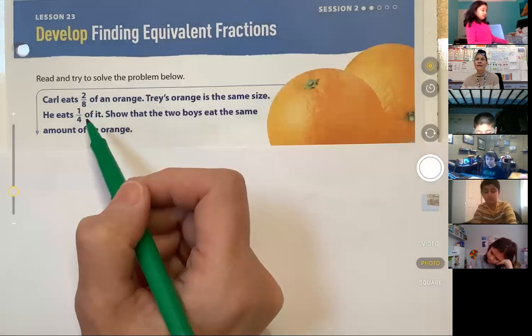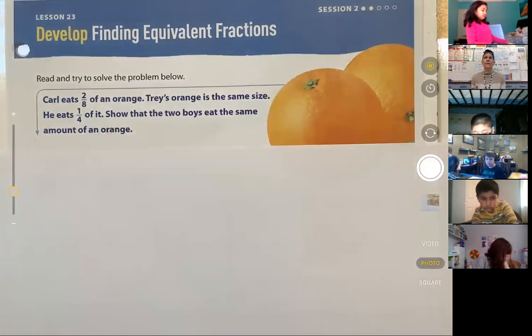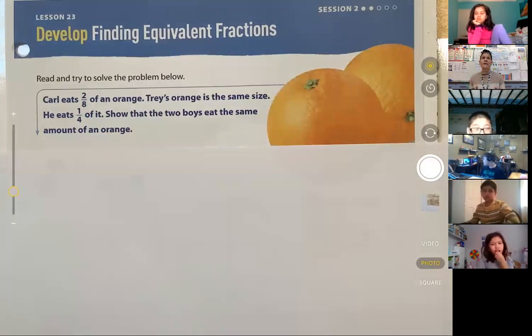I can see that Trey's pieces are a little bit bigger. So friends, in order to create this model and prove equivalency and find an equivalent fraction, I need to model each of their oranges with their respective number of pieces.